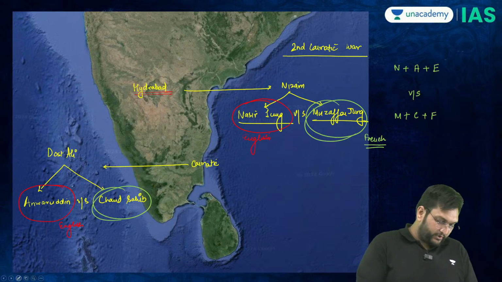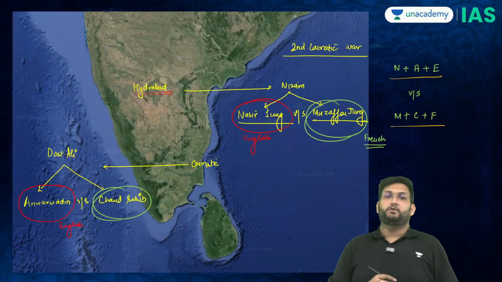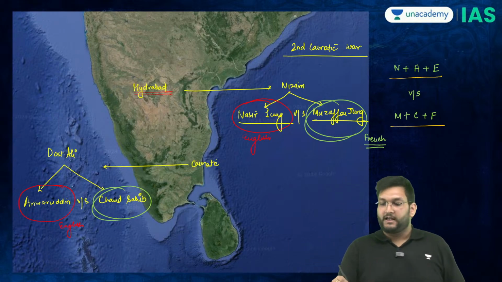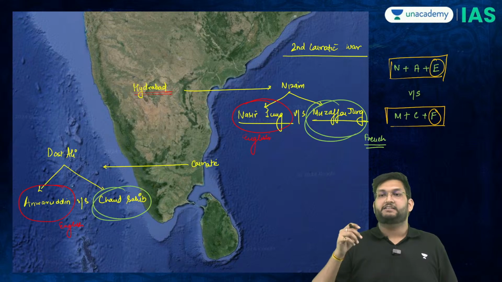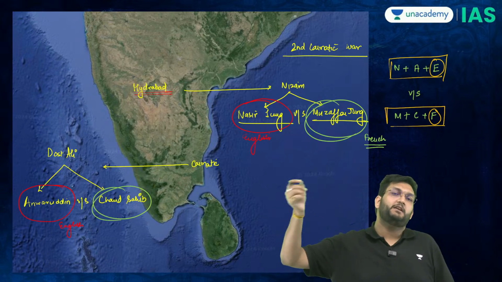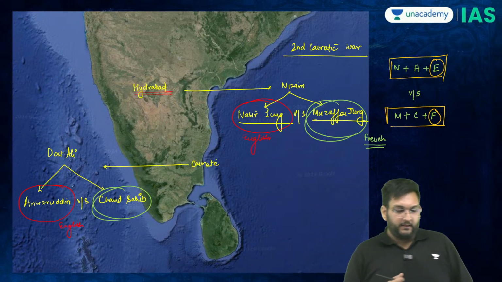And this is going to be one of the reasons why the Second Carnatic War is going to start. Why? Because there are now two factions supported by the French and the English. It's about who is going to sit on the Gaddi, who is going to become the next Nizam and Nawab.